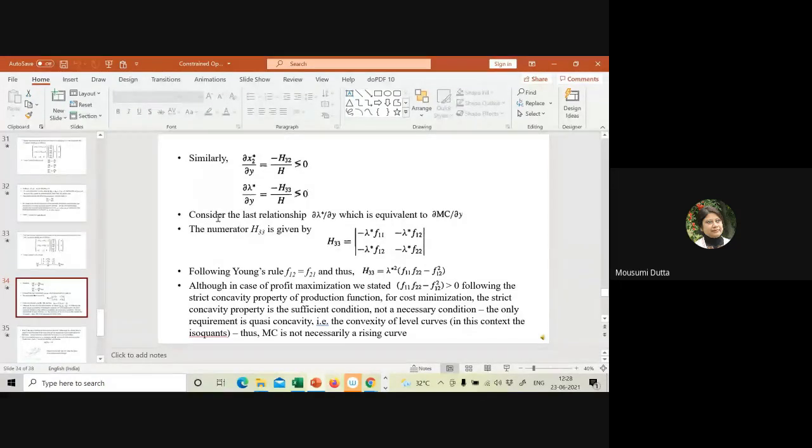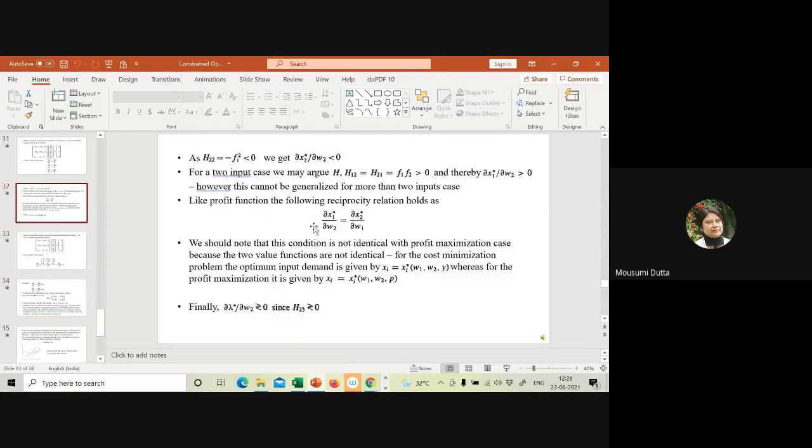For the last relationship, del lambda star by del y. Lambda we interpreted as del C by del Q. Can you remember? Lambda we interpreted as del C by del Q. Interpretation of lambda.